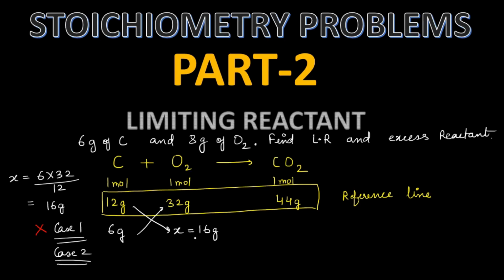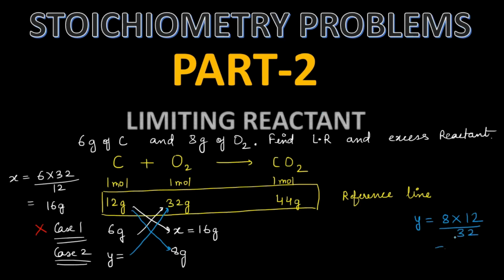In case number 2, we start with 8 grams of oxygen. Now, to find how many grams of carbon we require, let's assume this is Y. Using the same reference line, Y is equal to 8 multiplied by 12 divided by 32.